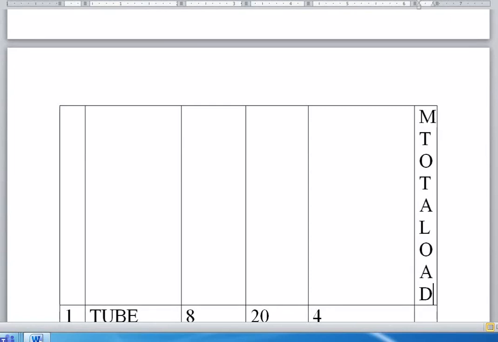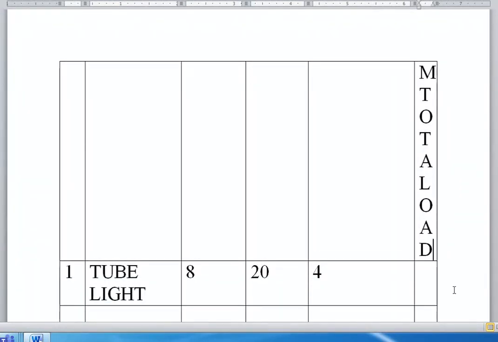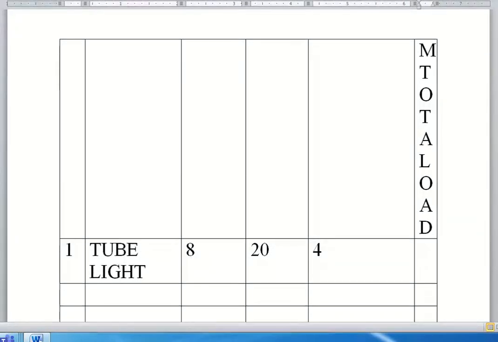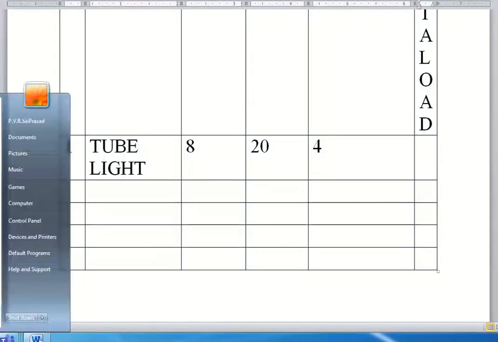Yes, this is the total load. So what is this total load? Total load is nothing but the multiplication of all these terms, that is 8, 20 and 4. So 8 items are there, and in these 8 items the wattage is 20 watts and the glowing period is 4 hours. So now in front of you only I will be doing this problem.